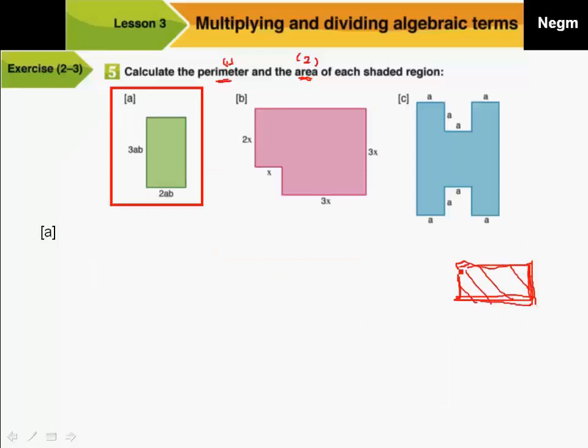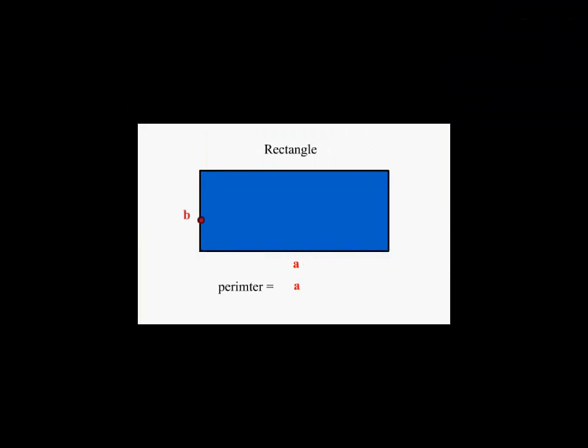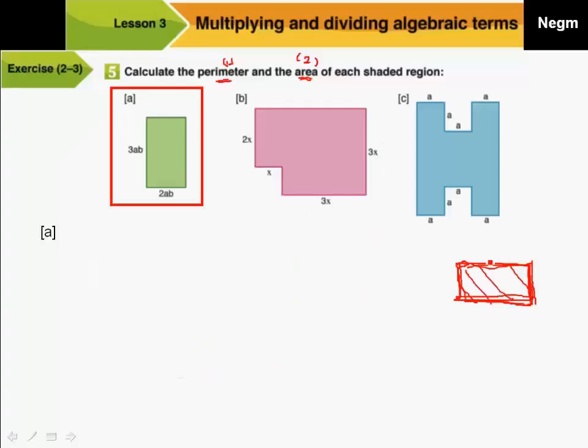Okay? And the perimeter, as I told you, this plus this plus this plus that. Okay, we have this is the length and this is the length are equal. The width is equal to the width.